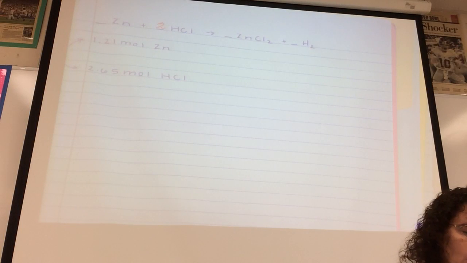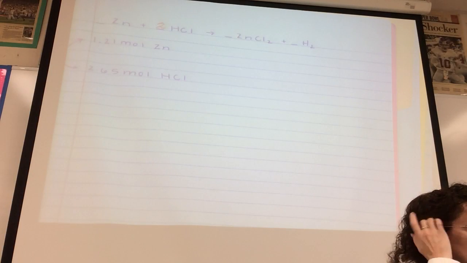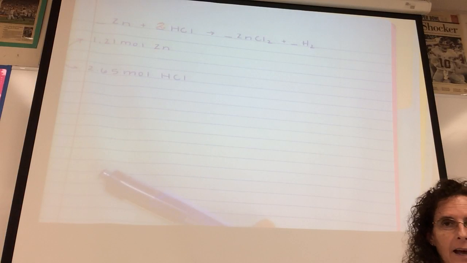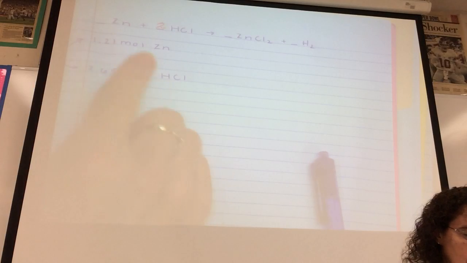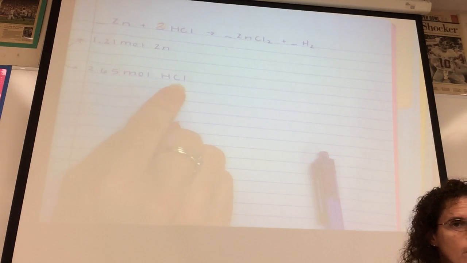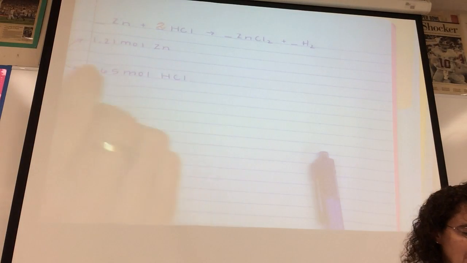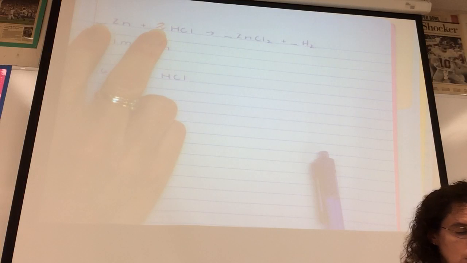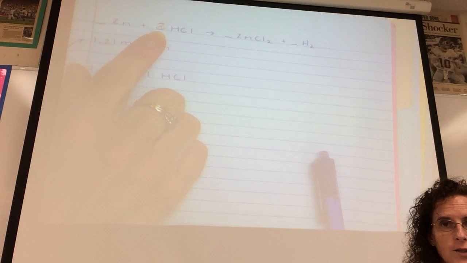We want to know which reactant is limiting and which reactant is in excess. These are the given. My need is based on the stoichiometric coefficients. For every 1 mole of zinc, 2 moles of hydrochloric acid will react with it. So it's a 1 to 2 mole ratio.